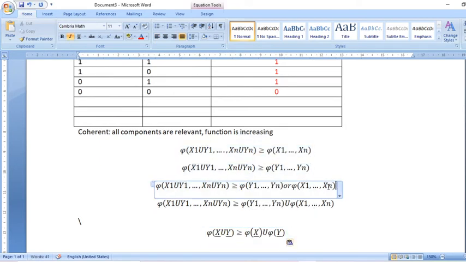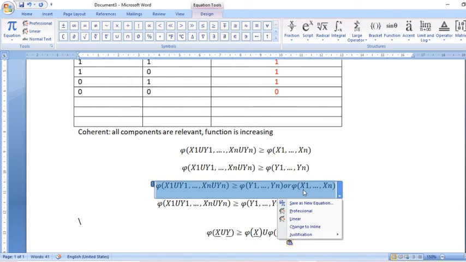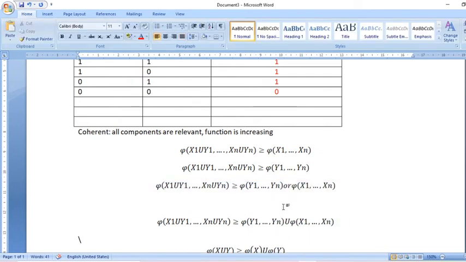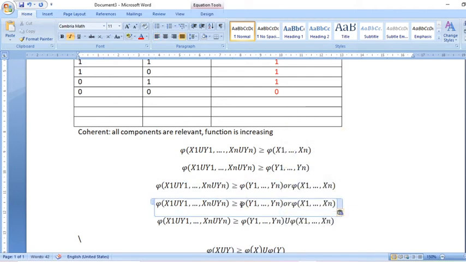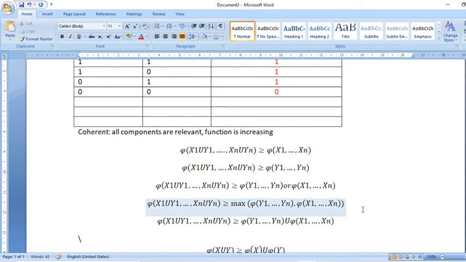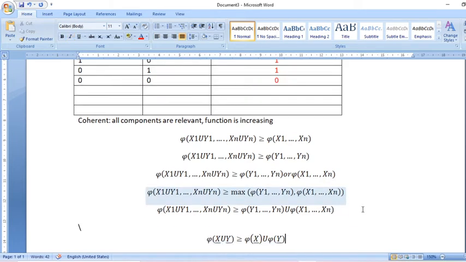This can also be written as the maximum. Instead of the union we can put a comma here, the maximum of this one. So this is the result.